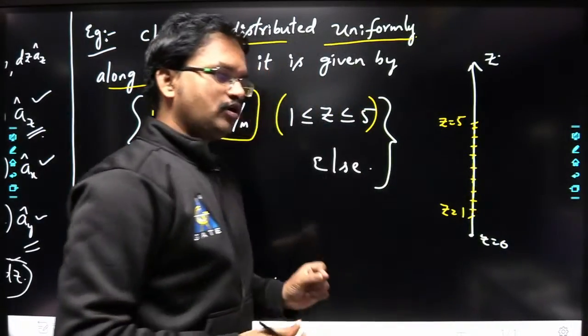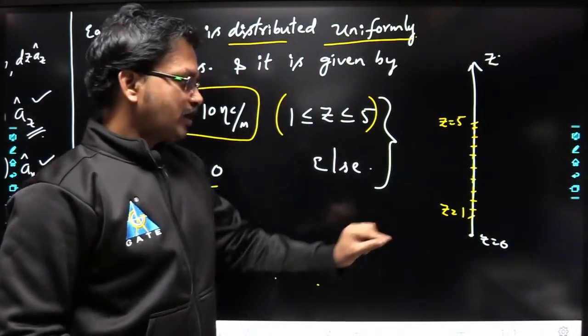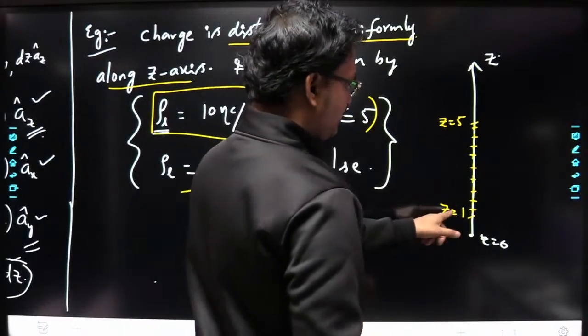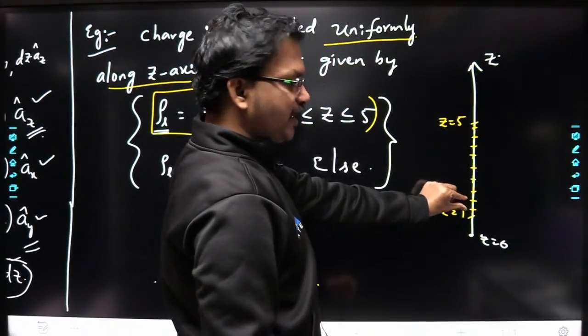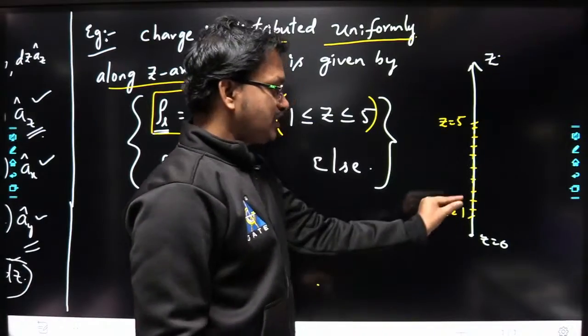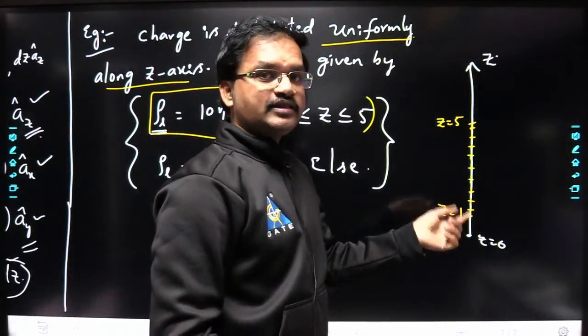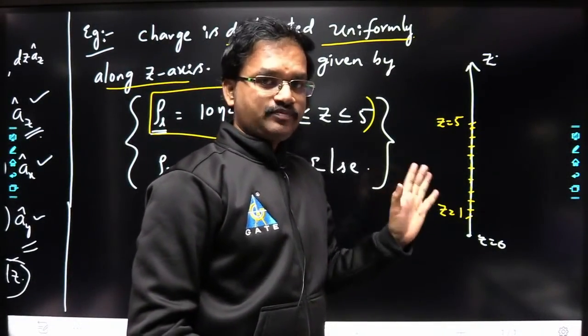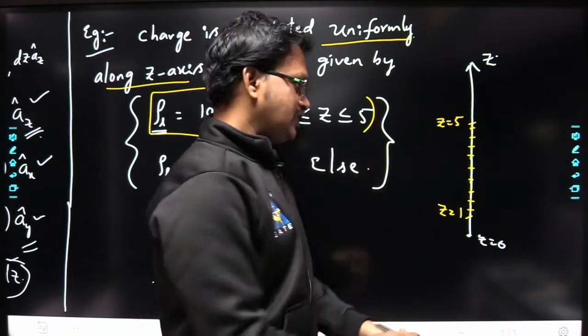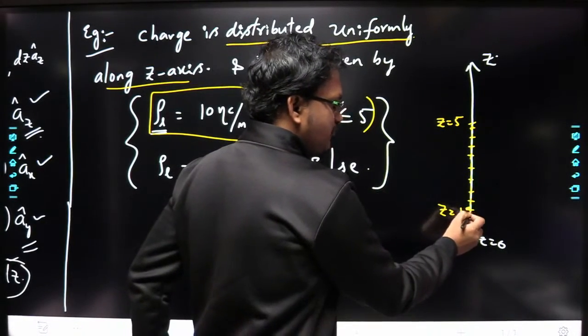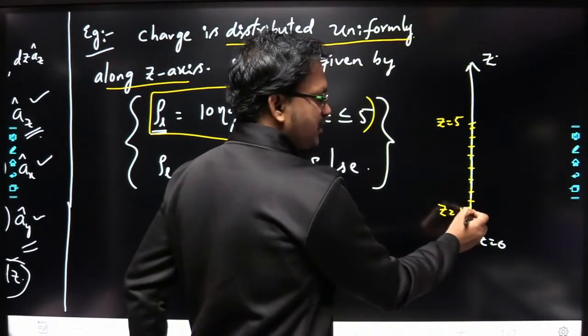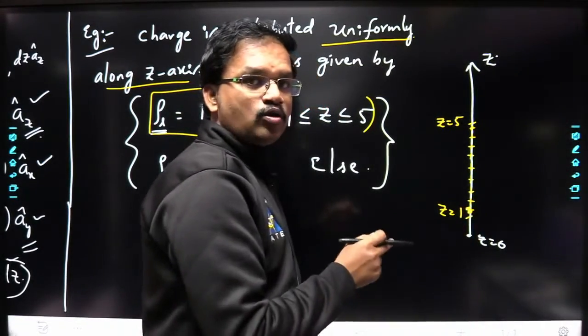Uniform distribution means you can go to any unit length between 1 to 5, and within that unit length the charge distribution will be the same. If you go to this location, the charge density is 10 nanocoulomb per meter.